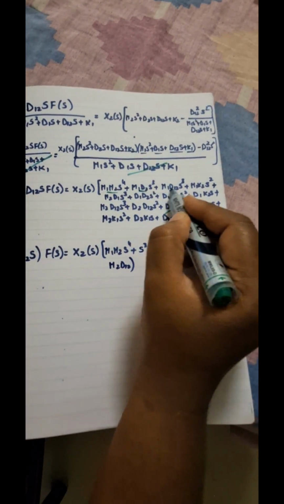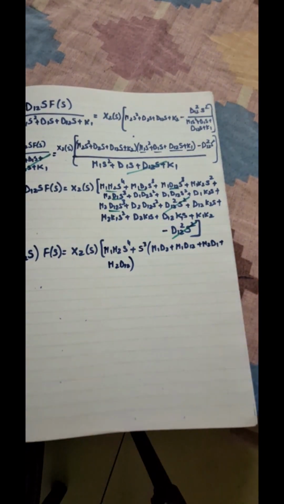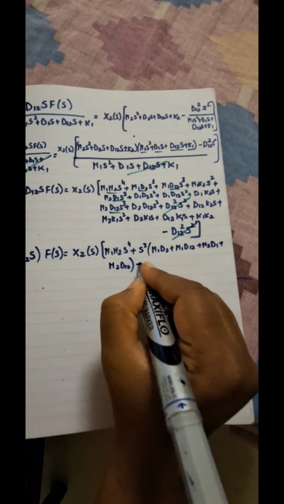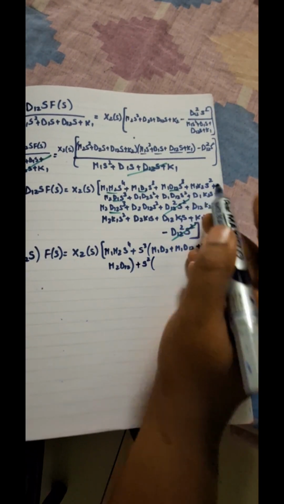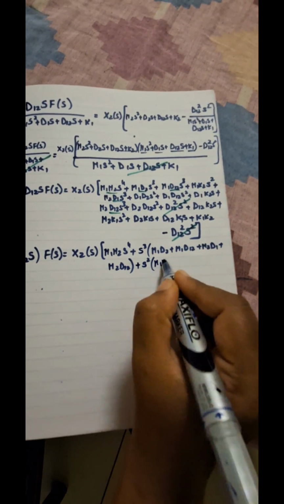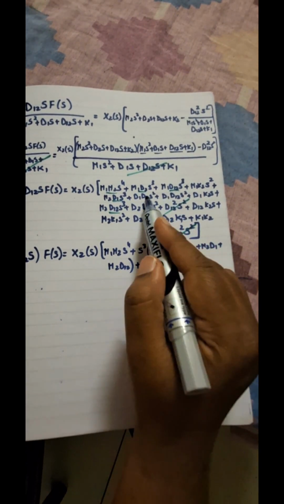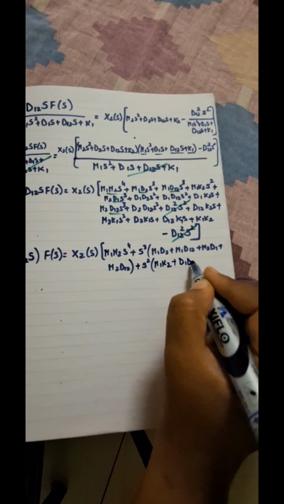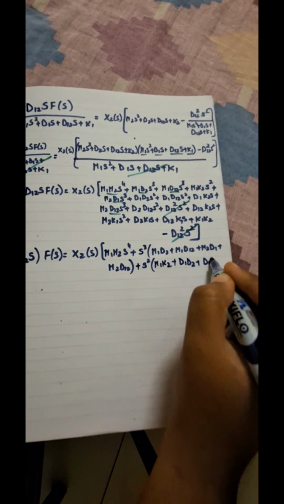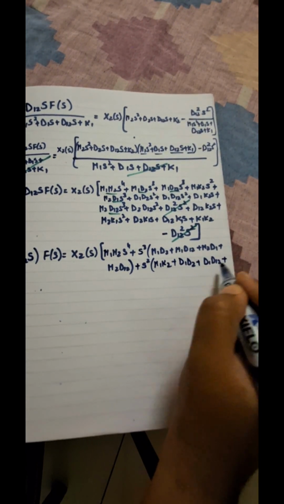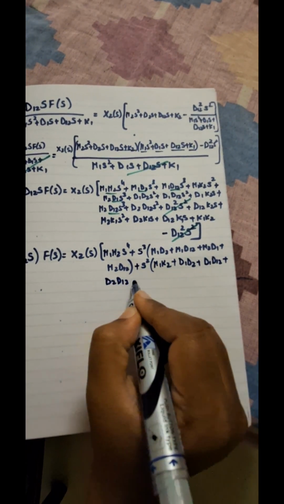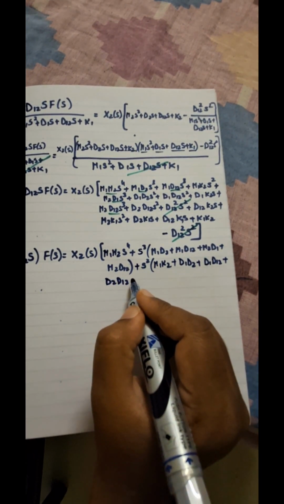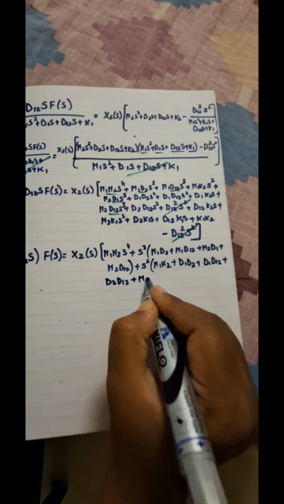So s cube, s cube, s cube, s cube, done. Plus s squared into M1 K2 plus D1 D2 plus D1 D12 plus D2 D12 plus M2 K1.